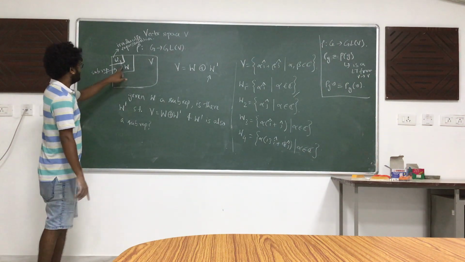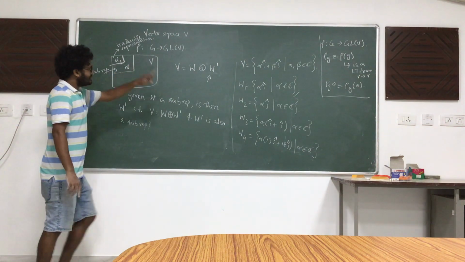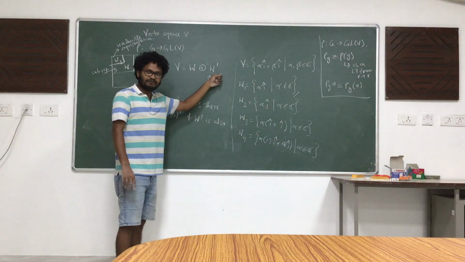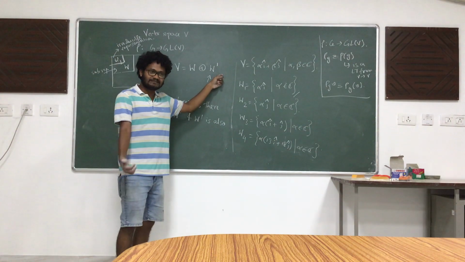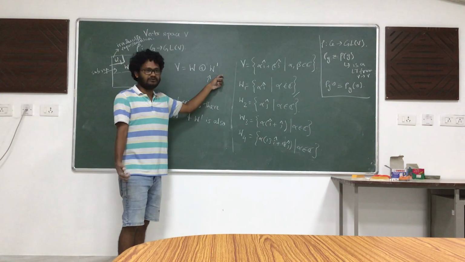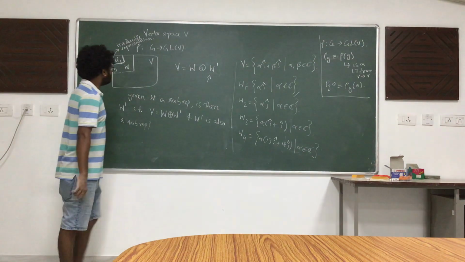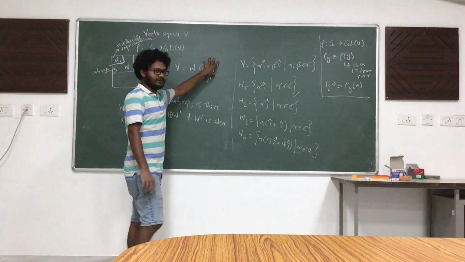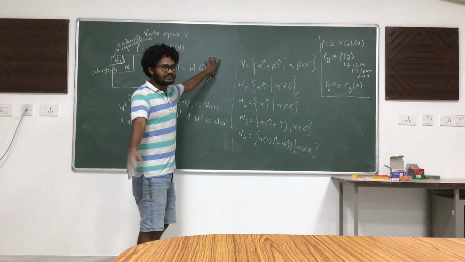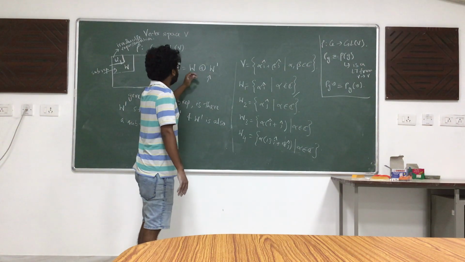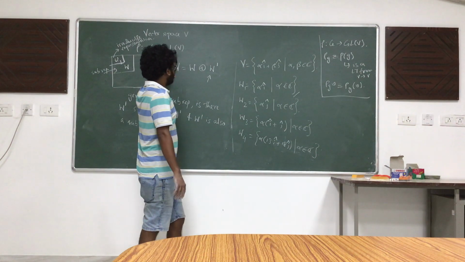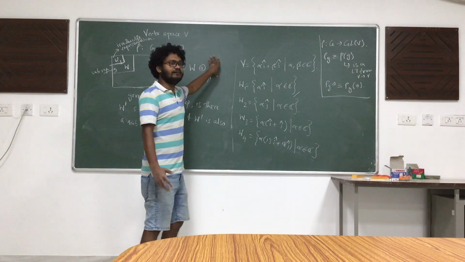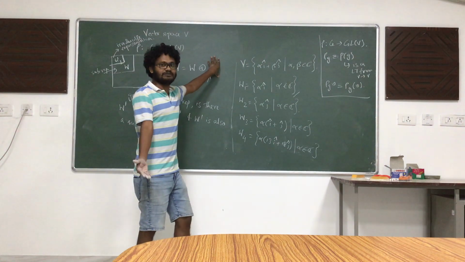And at the same time, whether we can find some other W prime, which is the kind of complement of W, whether that is another subrepresentation or not. So the answer in general, we may not find any W prime, but in some special cases we might find. But in general, given a representation, we found a subrepresentation, but it is not always possible to find another W prime such that it is also a subrepresentation.